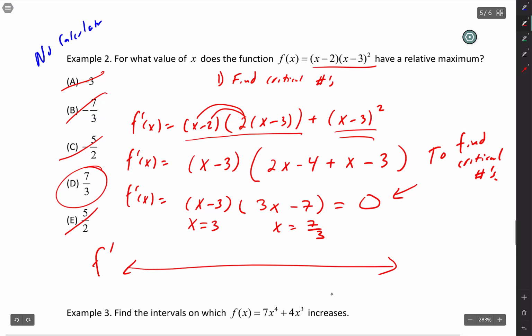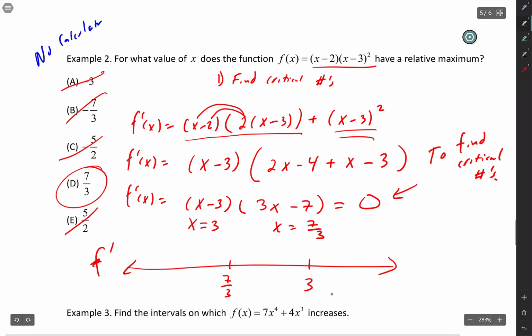Call that F prime, guys. 7/3 is a number smaller than 3, because if you remember 6 divided by 3 is 2. So 7/3 is 2.333. So I'm going to say that's 7/3 right here. And I'm going to call this 3 right there. I don't see any mistakes. So the way you do it, you notice that this is F prime.